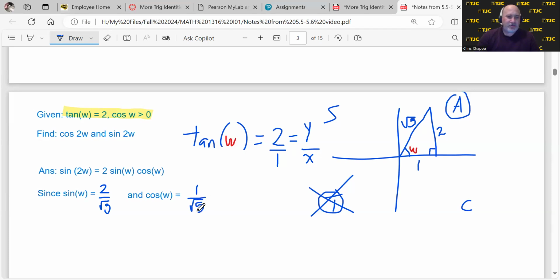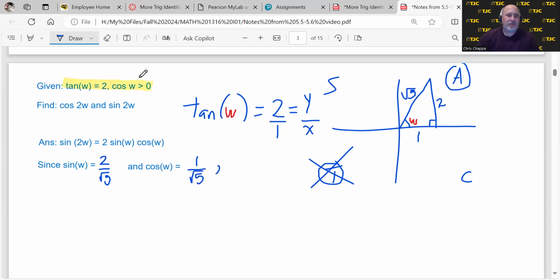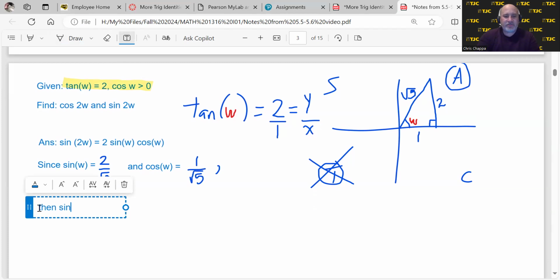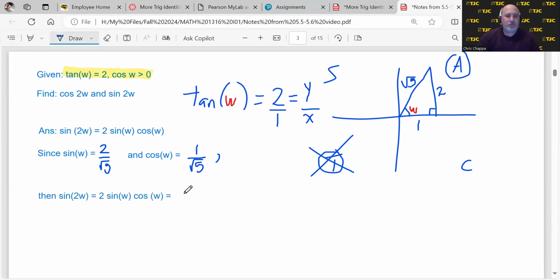So since sine of w is equal to that and cosine of w is equal to that, then sine of 2w is equal to 2 sine of w cosine of w, which is equal to, time to draw because we have square roots, 2 times 2 over the square root of 5 times 1 over the square root of 5.